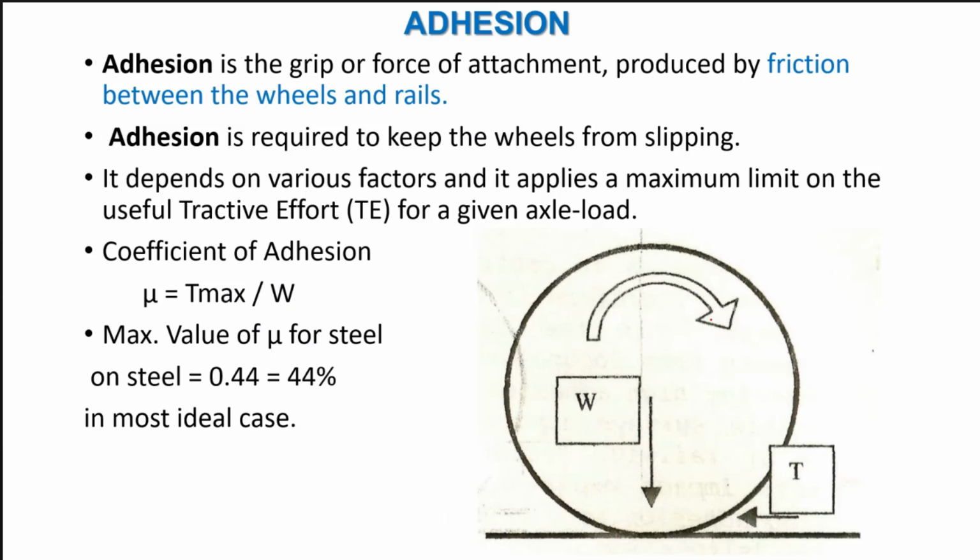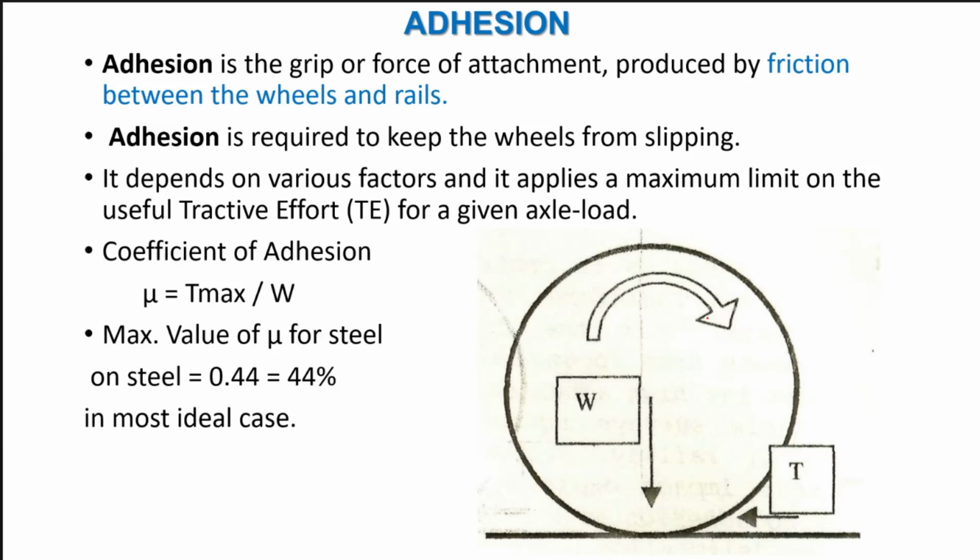Before starting on tractive effort, we will discuss adhesion. Basically, adhesion is a friction. It is a positive friction. Because of the interaction between wheel and rail, there is adhesion. That is why the wheels move and go forward. If there were no adhesion, the wheel would slip.